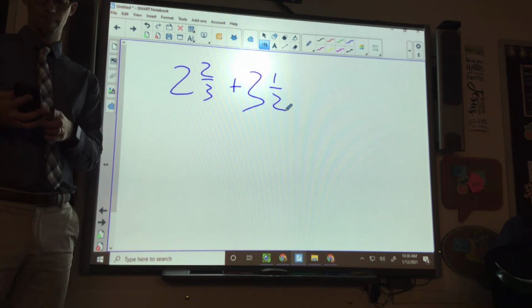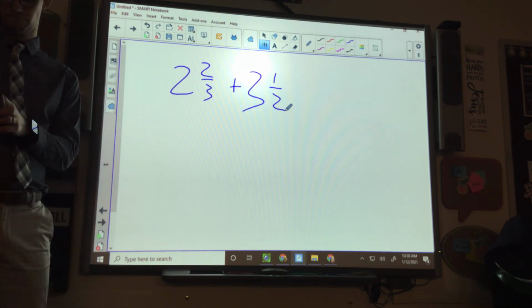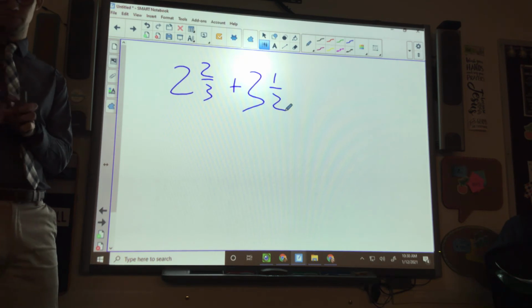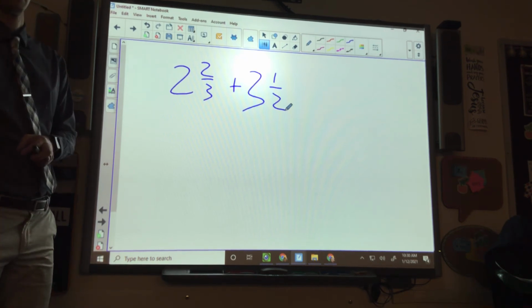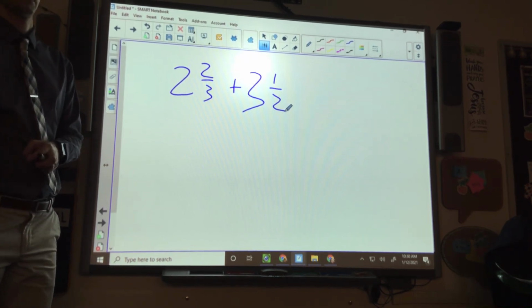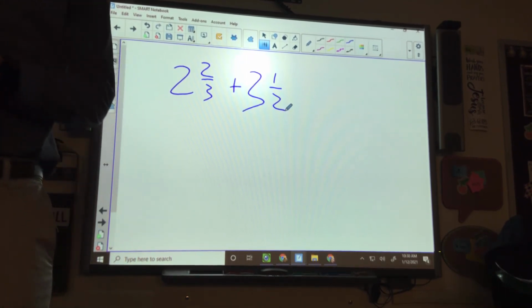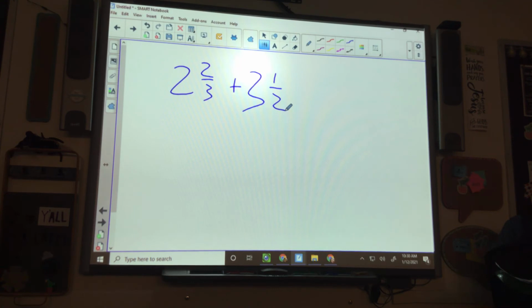Go. Add the whole numbers first, add the fractions afterwards.